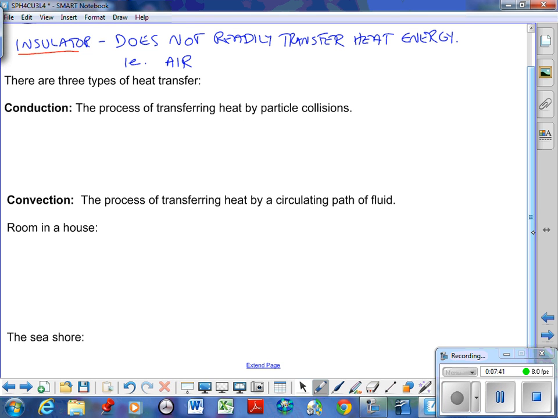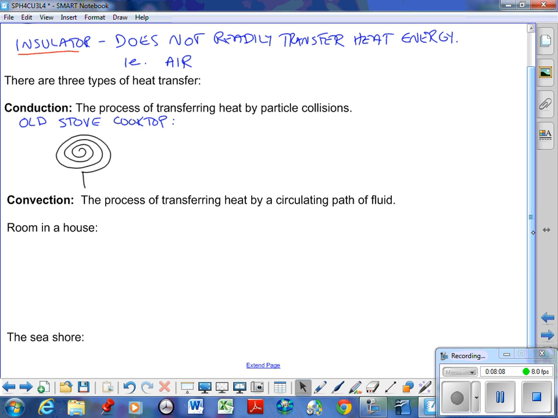So conduction is the process of transferring heat by particle collisions. Okay, so basically I got a couple of examples. The old stove cooktop. All right, and if you ever take a look at your stove, some of the old ones have the spiral element.